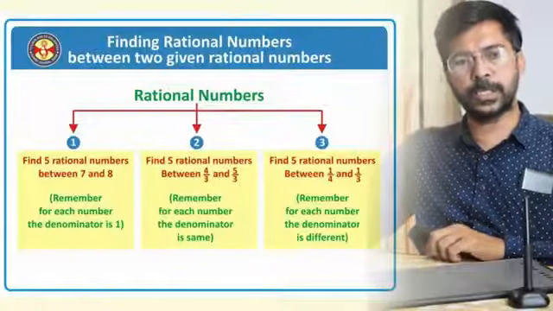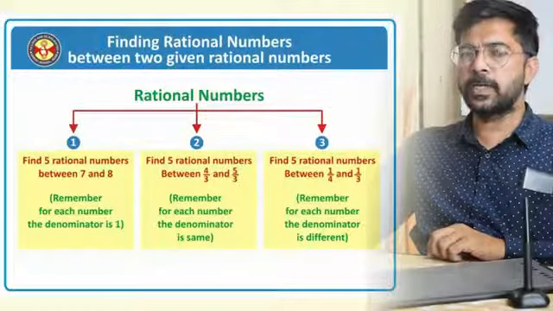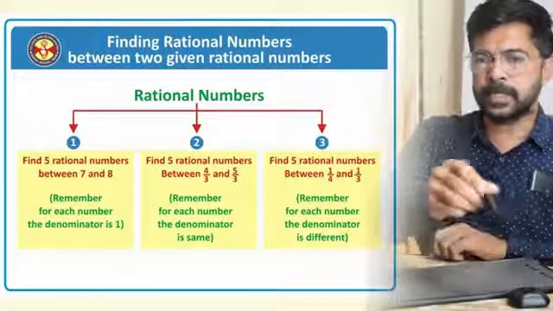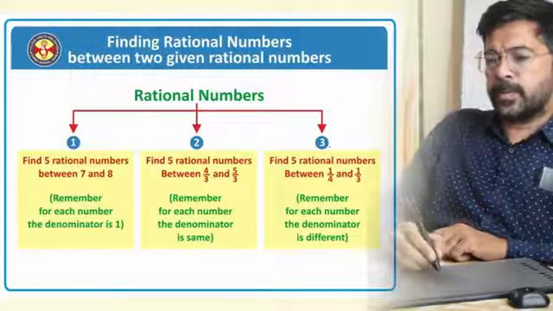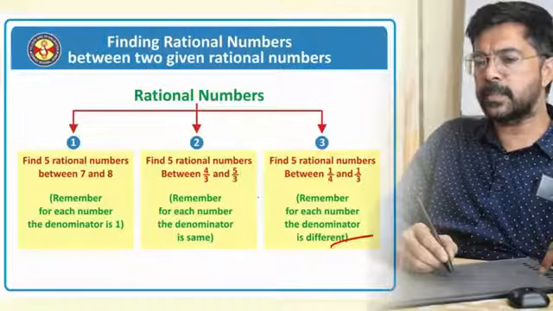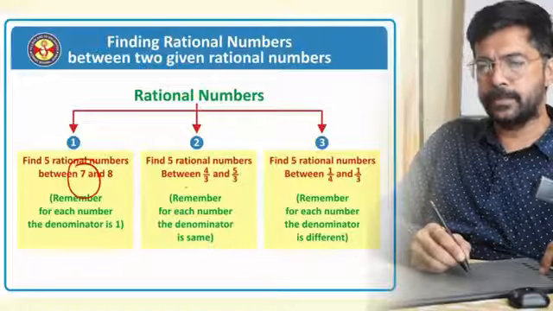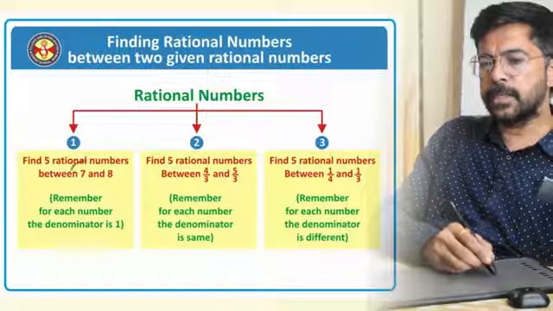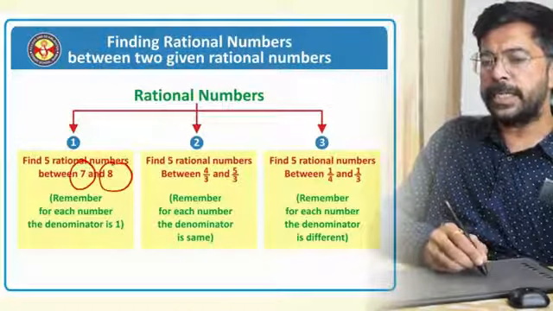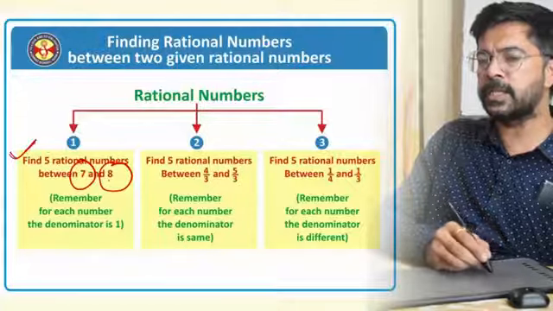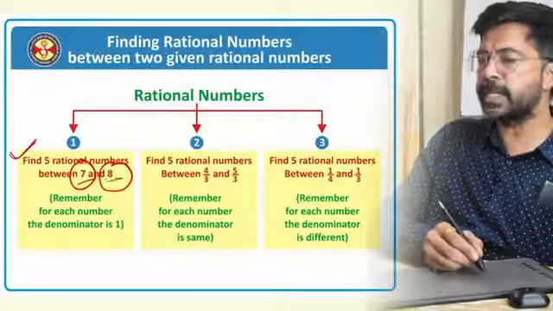Let us go to the first situation, when the given numbers are two integers. Suppose we have to find five rational numbers between two integers, 7 and 8. So here these two numbers are integers and we have to find five rational numbers between them.